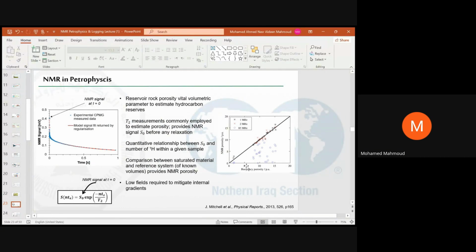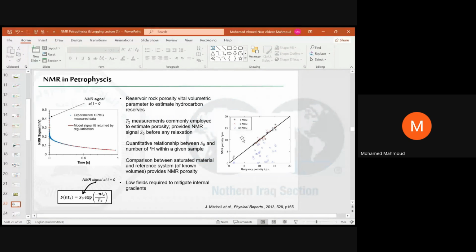So for the NMR in petrophysics, as I said, the first parameter we can get is the porosity. For example, here, this is the effect of the frequency on the porosity. At low frequency, 1 megahertz, for example, we have a very good fit between the lab porosity and the NMR porosity.